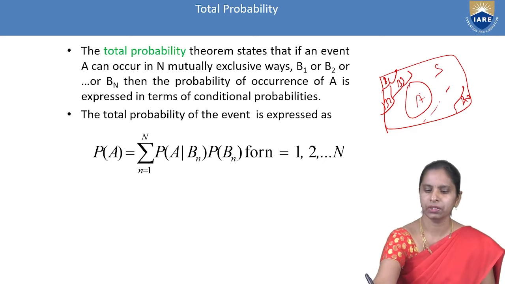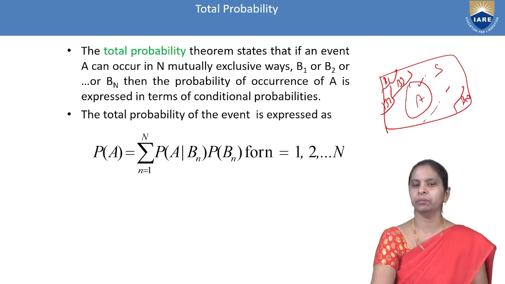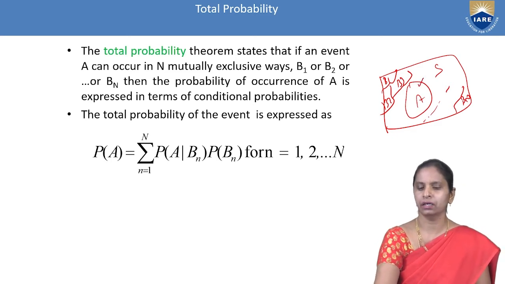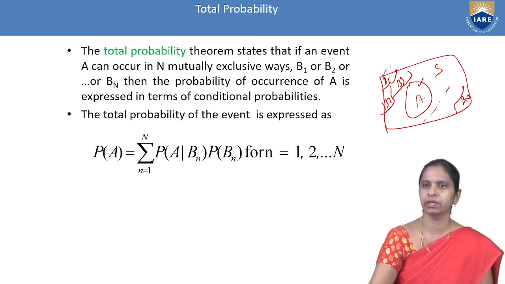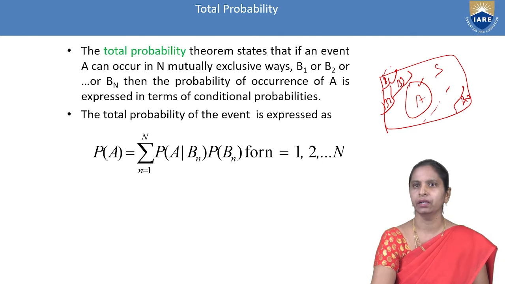Now the probability of this event A can be defined in terms of the conditional probabilities of the events B1, B2, B3 and so on Bn. It is called a total probability.